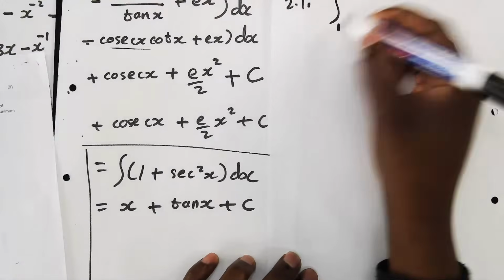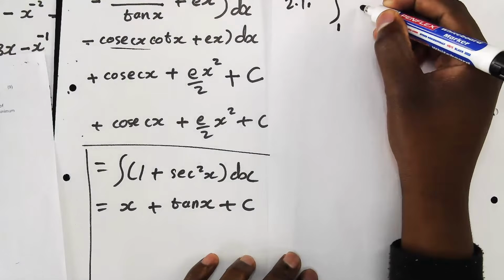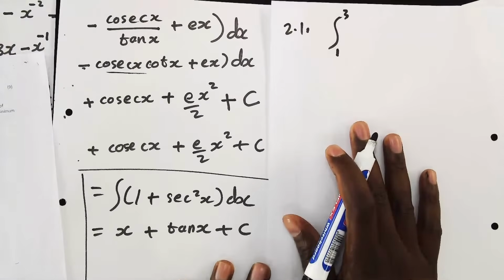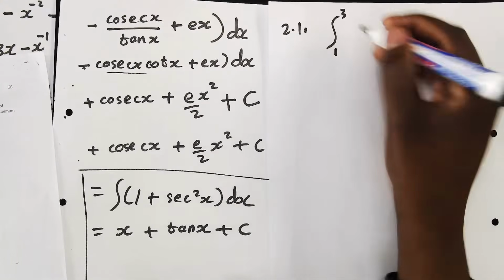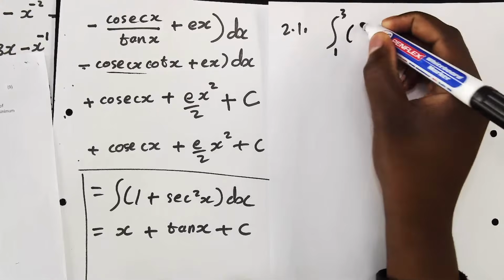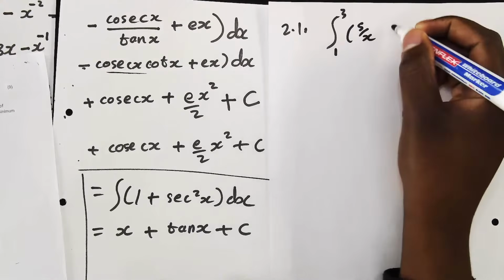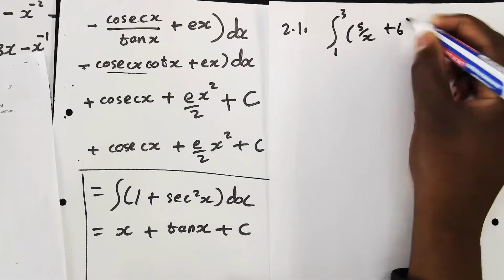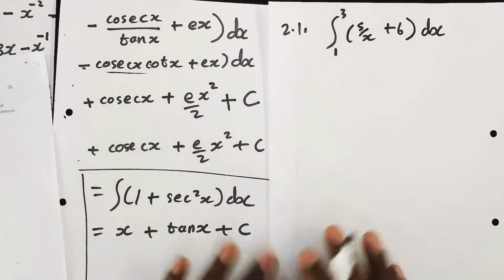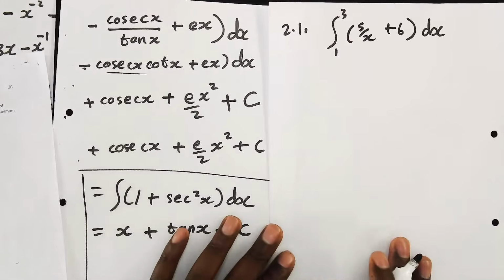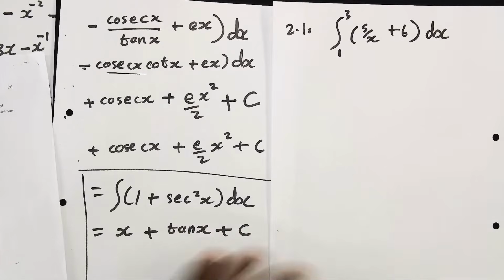So it was given lower limit to upper limit 3. So therefore, the function inside is 5 over x plus 6 dx. I think we've been playing around with these definite integrals forever.